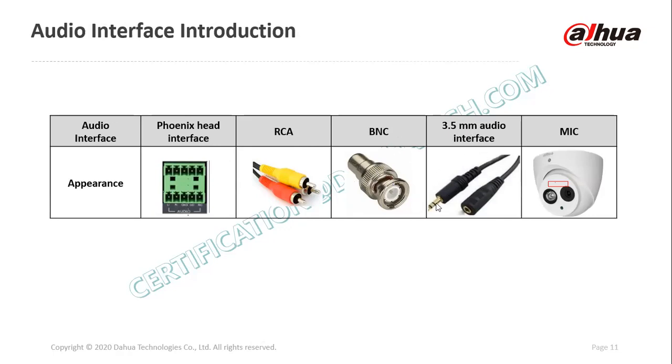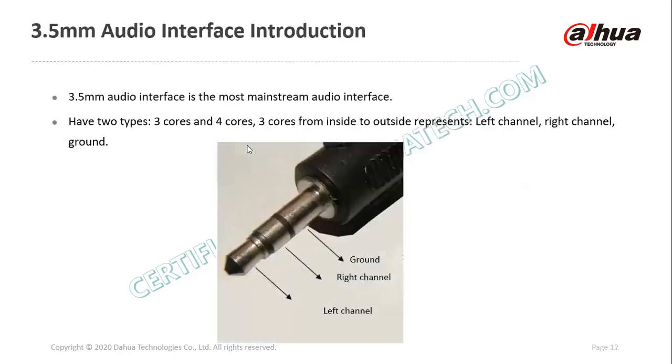We have the 3.5 millimeter jack, a microphone in the camera. For the 3.5 millimeter jack, we have different types. You can check this one later, but it's rare that you interact with it.